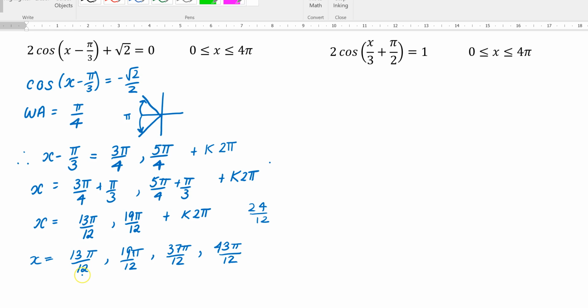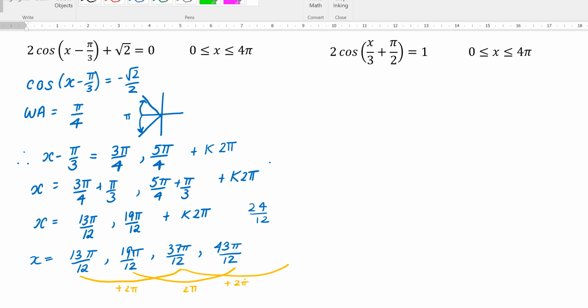So I've added this one plus the 24, aka the plus 2 pi. I got this answer, and then I added another 2 pi to get this one. So the next solution, if there is to be one, I take this answer and I add 2 pi to that.